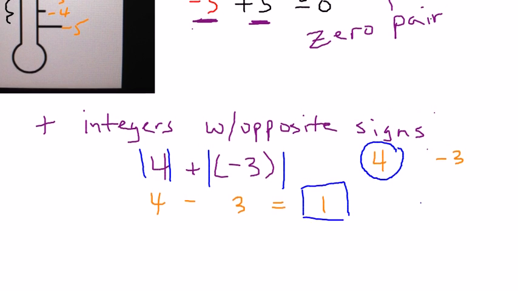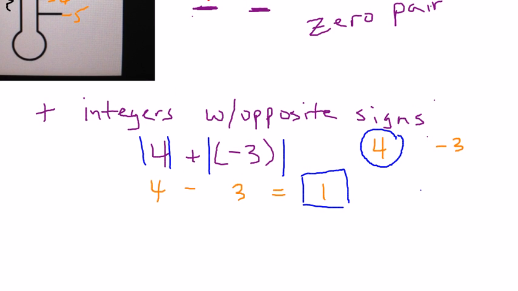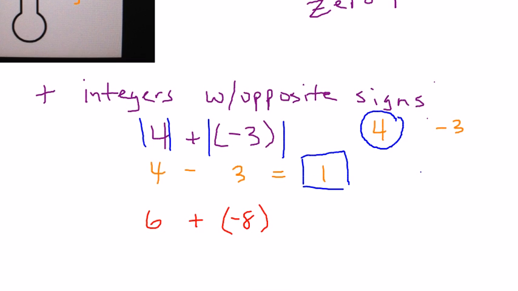All right, let's try another example using this rule. Let's try 6 plus negative 8. We'll start by taking the absolute value of 6 and the absolute value of negative 8. The absolute value of 6 is 6, the absolute value of negative 8 is 8.